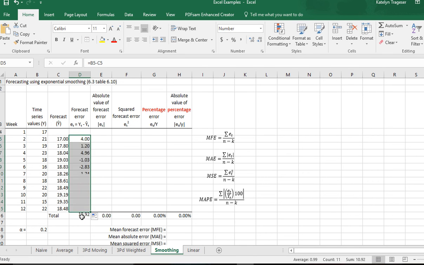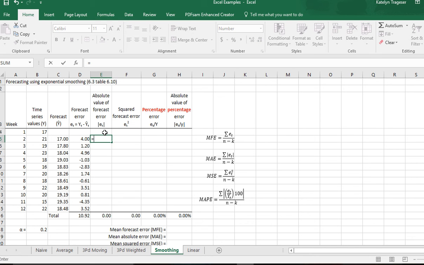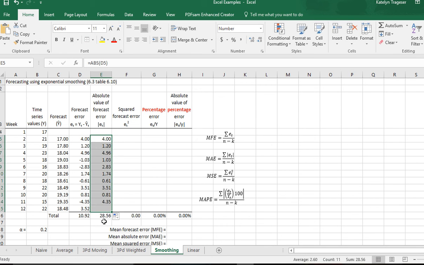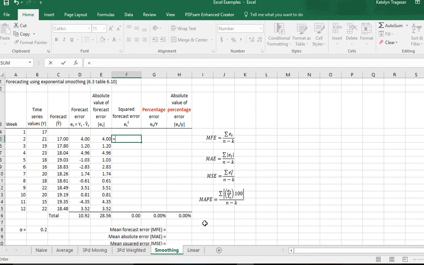Carry that down, get the total at the bottom. Absolute value equals ABS, our previous error, or the error we just calculated. Again, carry the formula down, get the sum at the bottom. Squared forecast error, take your error and square it.